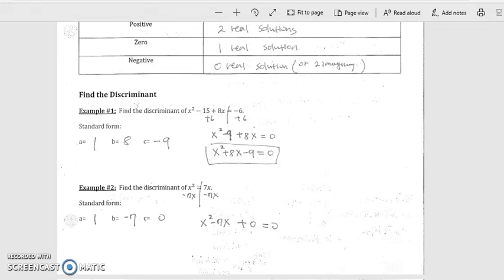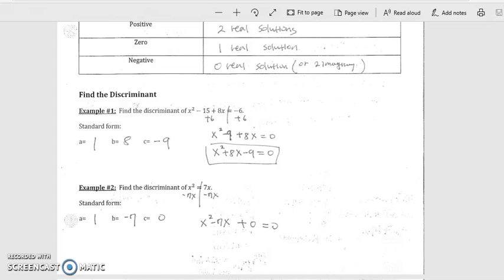Example number 2. X squared is equal to 7x. Obviously not acceptable, so you're going to go ahead and subtract that 7x to the other side. A is equal to 1, B is equal to -7, and then C is equal to 0. Again, for your discriminant. Discriminant is equal to B squared minus 4AC.